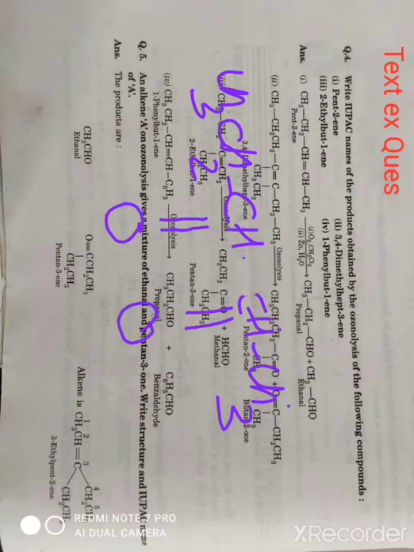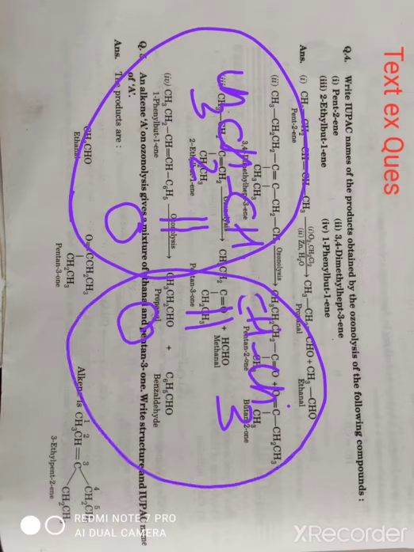So on each carbon, one double bond O gets added, so this one is one product and this one is the other product, that is CH3 CH2 CHO and CH3 CHO. So in simple words you can make the product very easily.